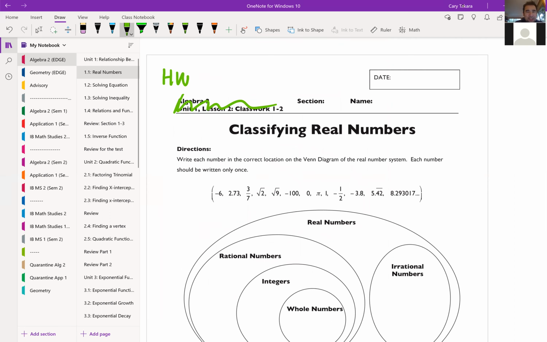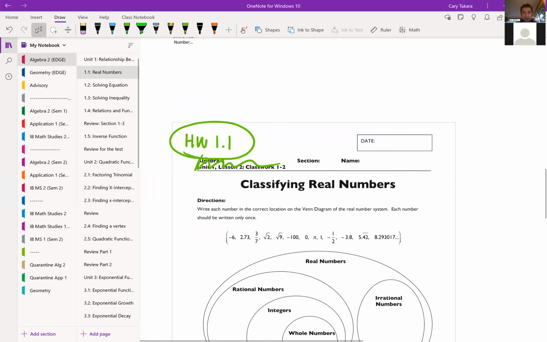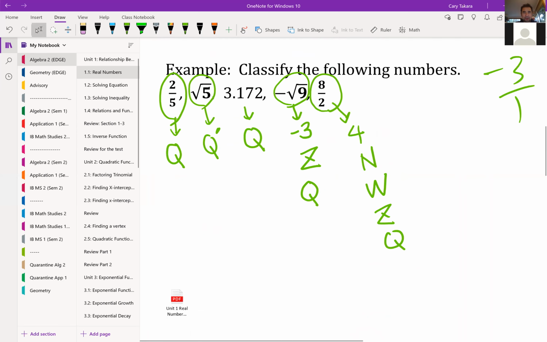Homework, it's 1.1. So will you write this down? Let's identify this assignment as homework 1.1. We're just going to do the same thing as we just did a minute ago as an example.